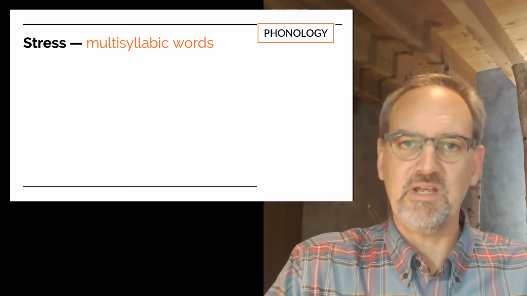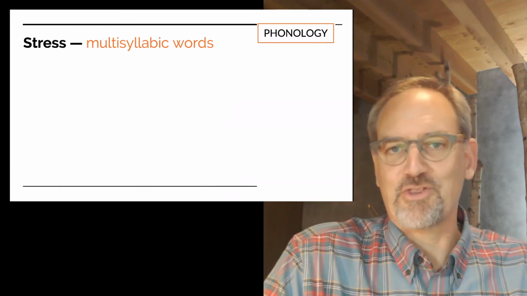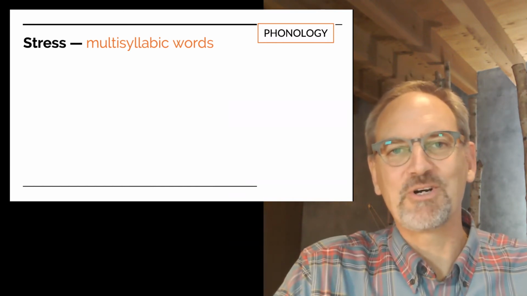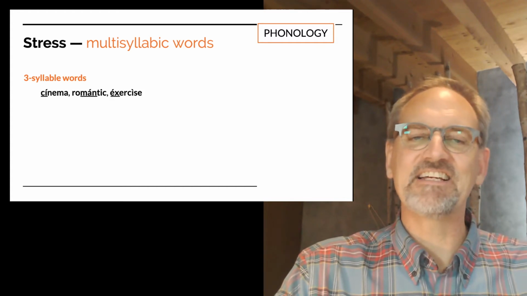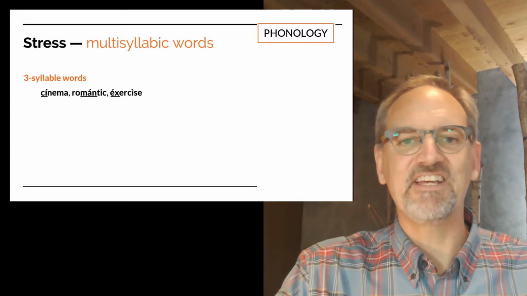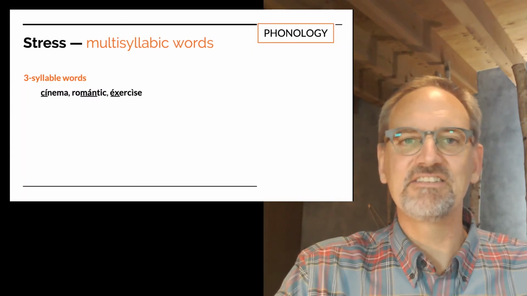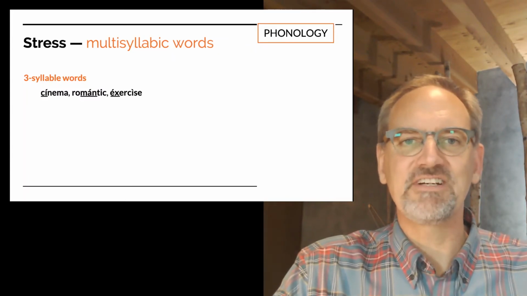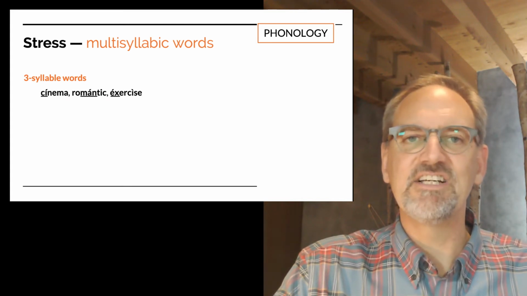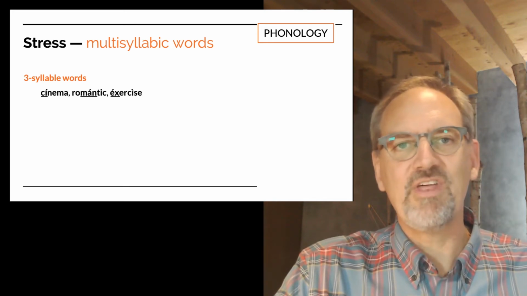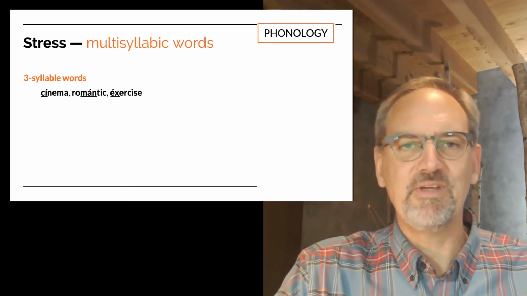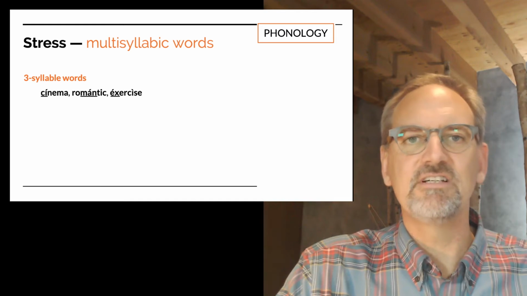Multi meaning many, well, in this case, three or more. Words with many syllables. Now, we'll start with the three-syllable words like cinema, romantic, exercise. Three different patterns. Cinema has stress on the first syllable only. The second and third syllables both have vowel reduction because they're unstressed syllables.